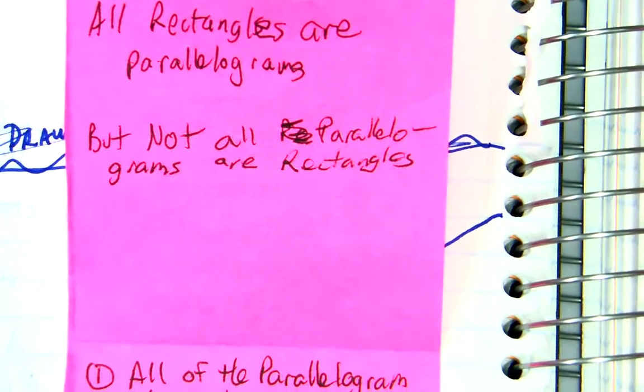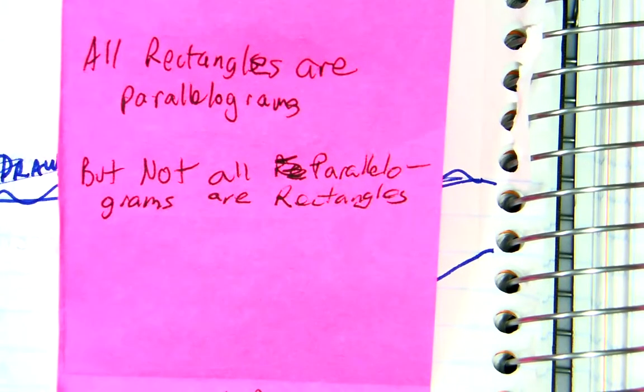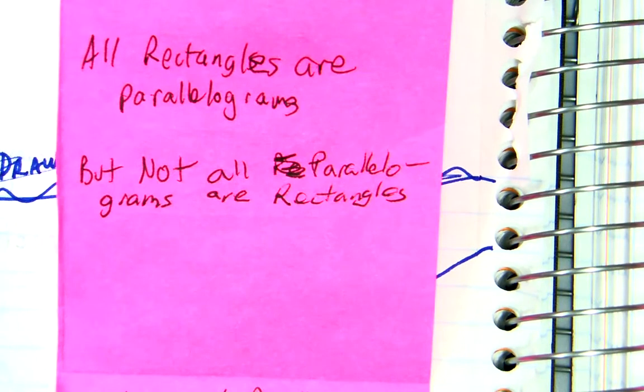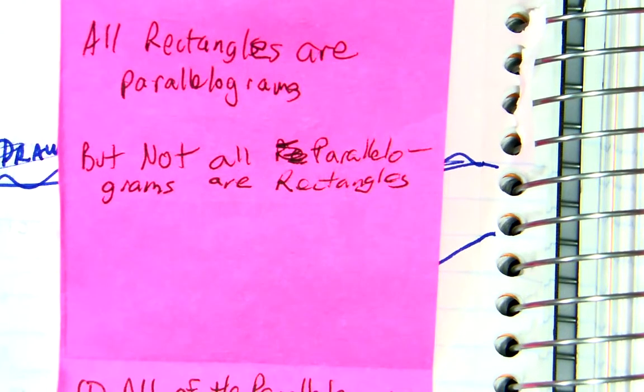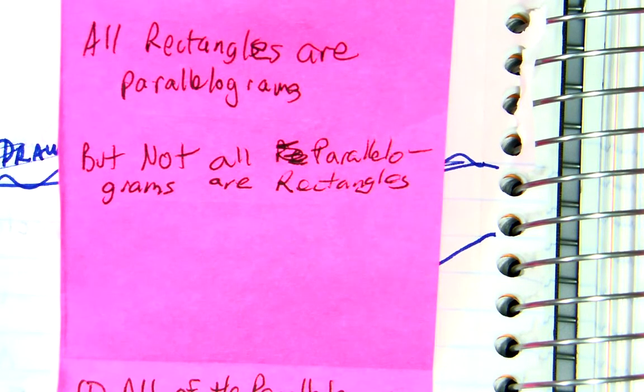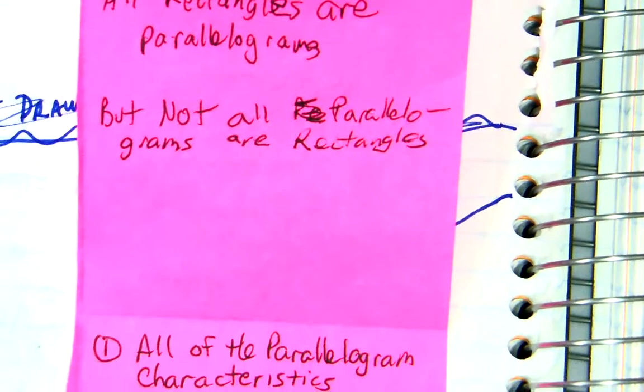So, basically that means that if it's a rectangle, it's a parallelogram. Instantly, it's a parallelogram. But if it's a parallelogram, you can't say it's a rectangle unless it fits all the rectangle stuff. And there's only a couple extra that we have to put down for this.